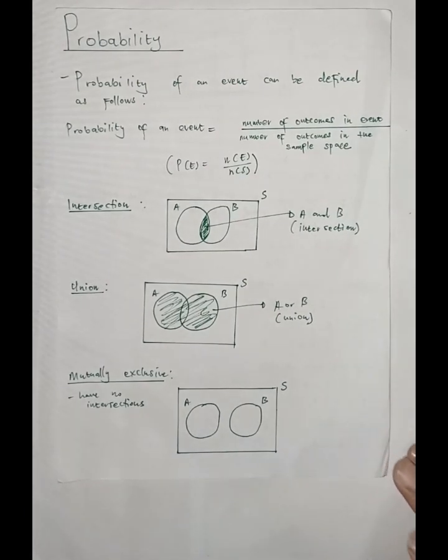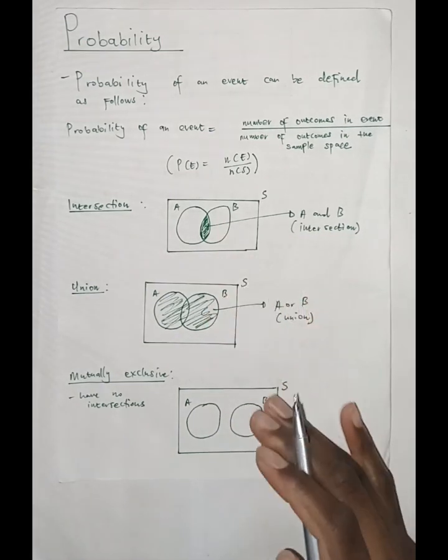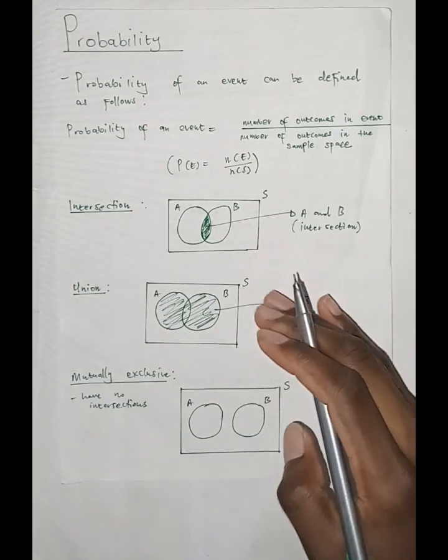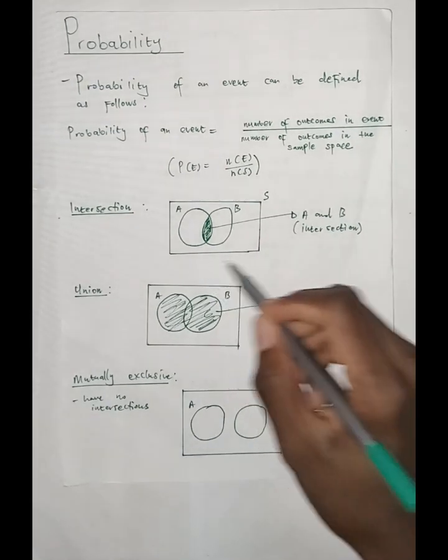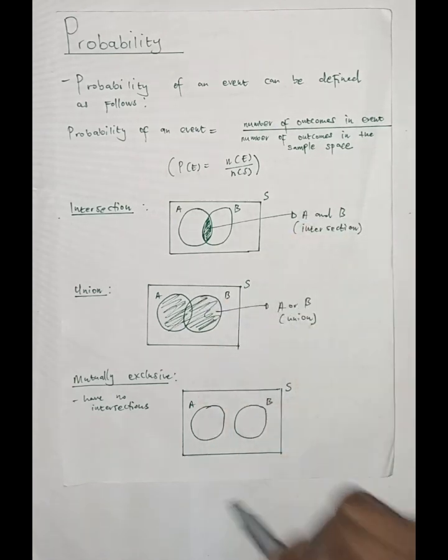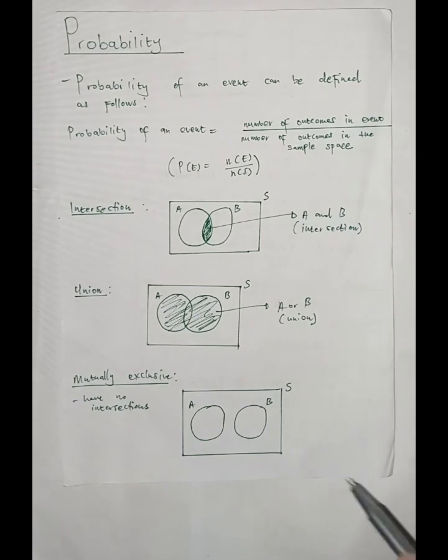Now, here's what you should know before dealing with any question, any equations, okay? Because on these diagrams that I have here, this is where some of the general rules of probability come from. As you can see, these are Venn diagrams, right? And these will show you where all the equations of probability are derived from.